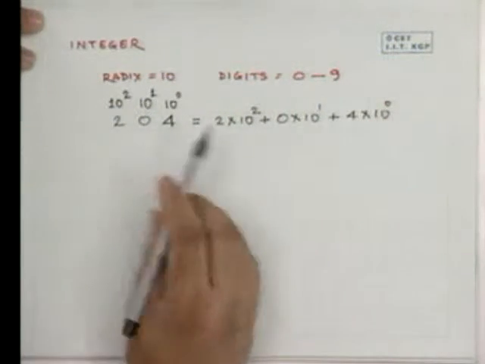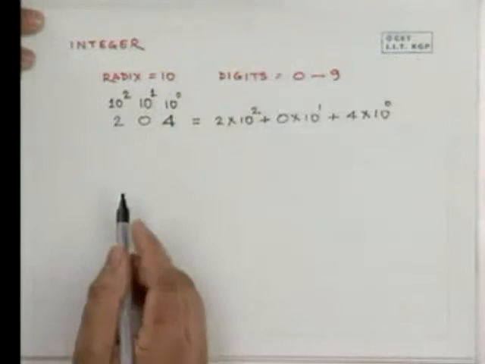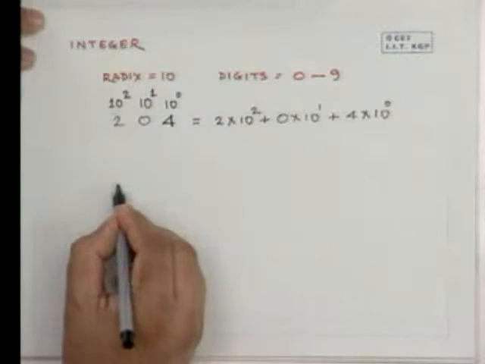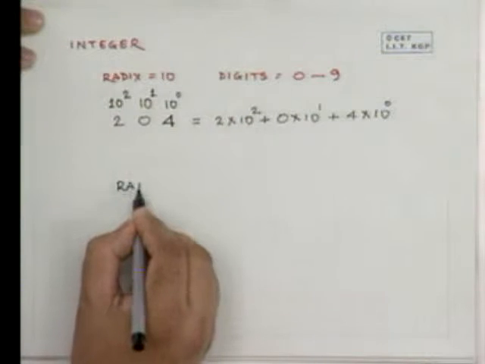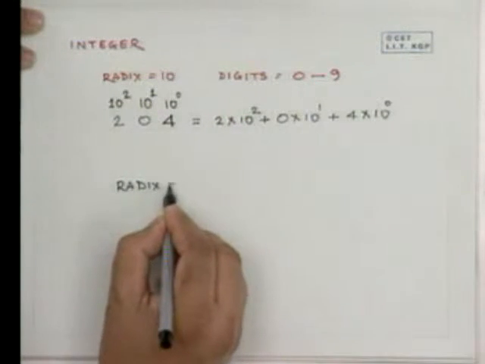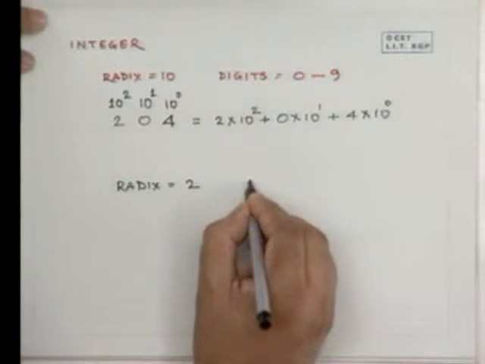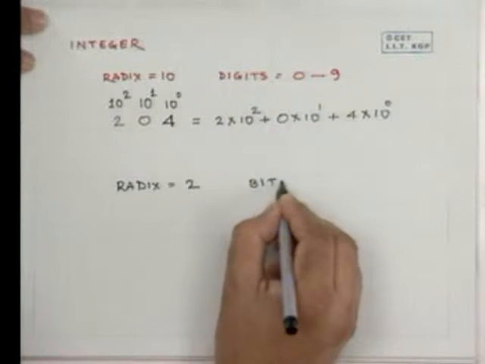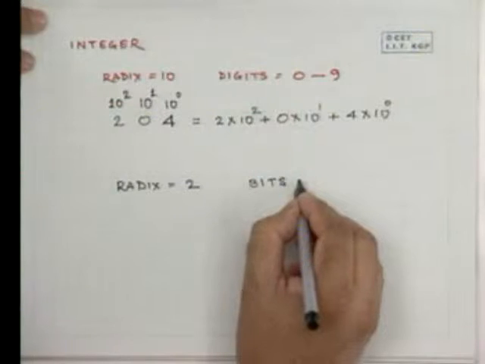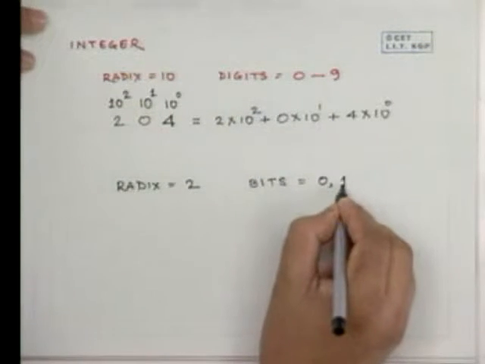Now, in the case of a binary number system, the radix that we use is 2. Therefore, the digits, we call them bits in the case of a binary number system, are 0 and 1.